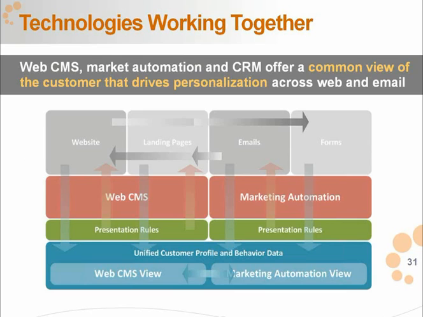So in this slide, we've got a variety of systems working together. We've got the web CMS in that pink layer. We've got marketing automation. Then below, we've got this unified customer profile and behavior data. So there's both explicit and implicit information that we capture. The unified customer profile is typically many of the things that get captured in a CRM.